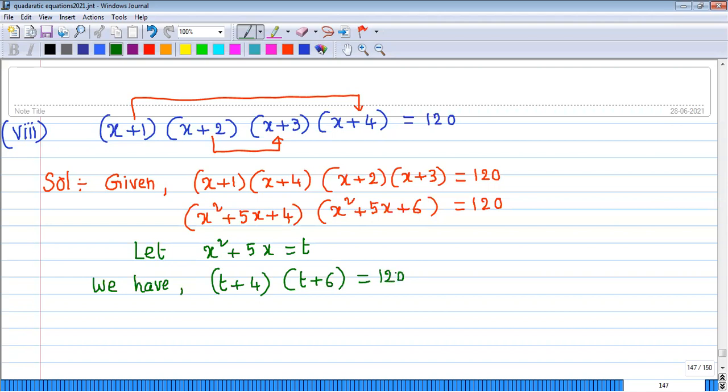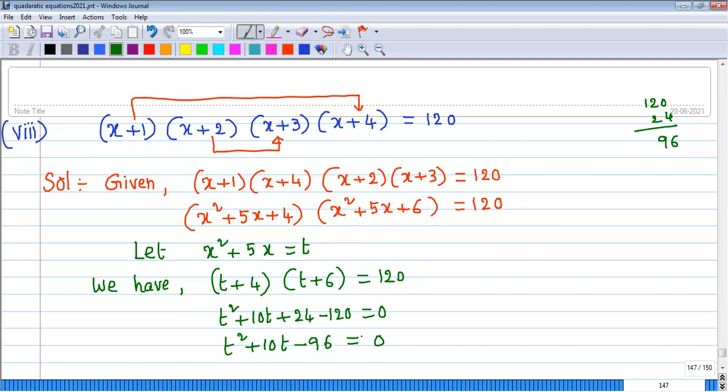If you simplify this, we are going to get a quadratic equation in terms of t. (t+4)(t+6) is t square plus 10t plus 24. Bring 120 to the left hand side: minus 120 equals 0. This we can write as t square plus 10t, 24 minus 120, which is negative 96, equals 0.